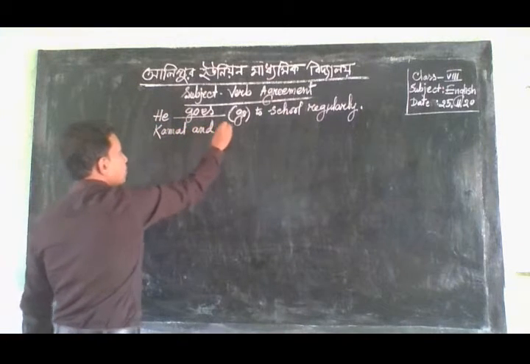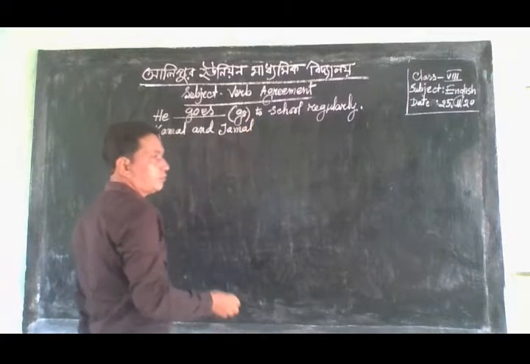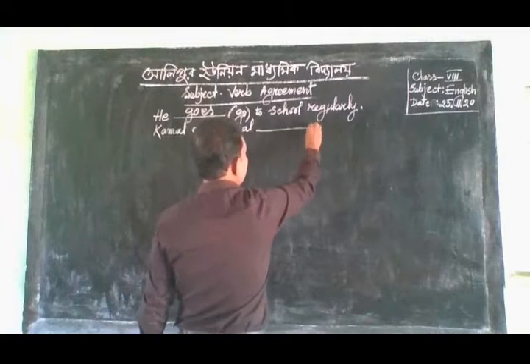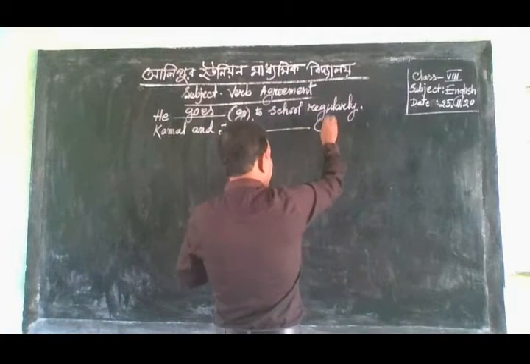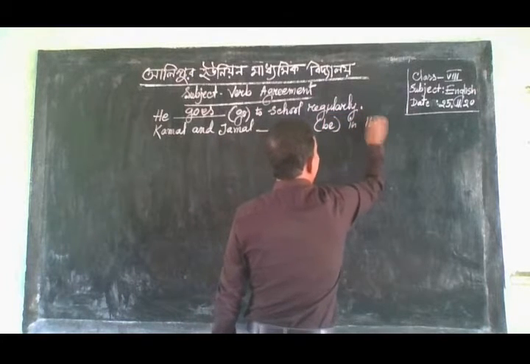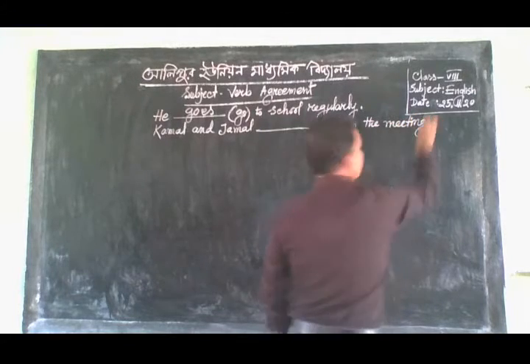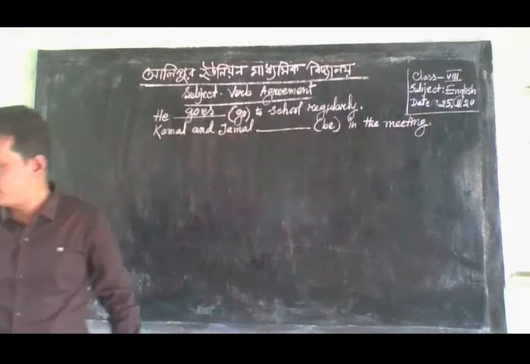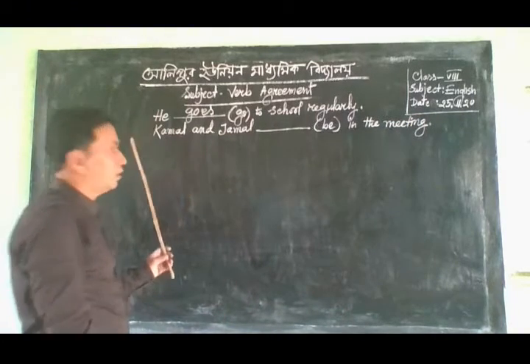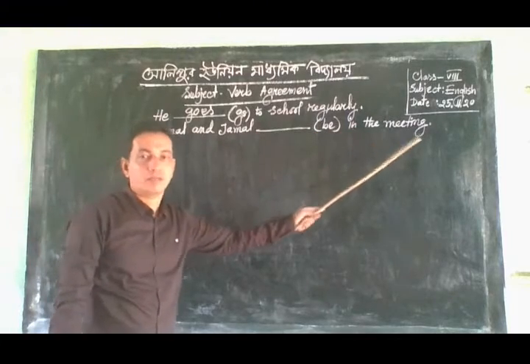Kamal and Jamal in the meeting. Dear students, let's have an example on the blackboard. Kamal and Jamal be in the meeting.